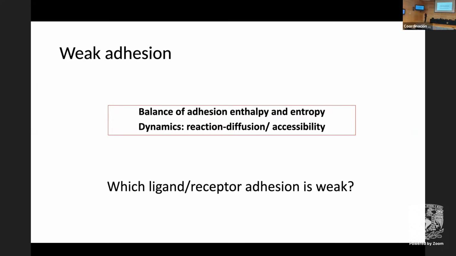All right, can someone give me an example of a ligand receptor which is weak? In fact, all biological bonds are weak. Integrins, biologists will say it's a very strong bond. Physicists come in: 7 kT.